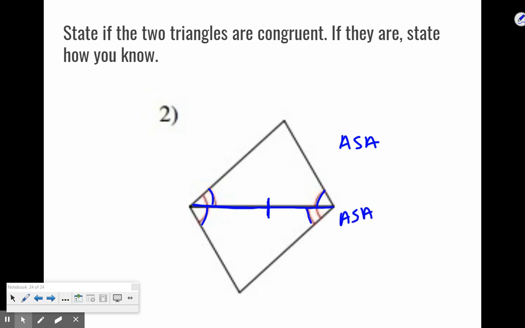So yes, they would be congruent by angle, side, angle. You always want to make sure that your congruent shortcuts match in both triangles, because if one's angle, side, angle, and another one is side, angle, we need more information.